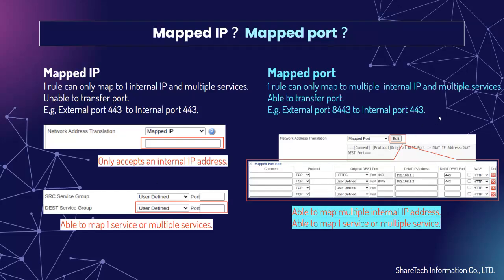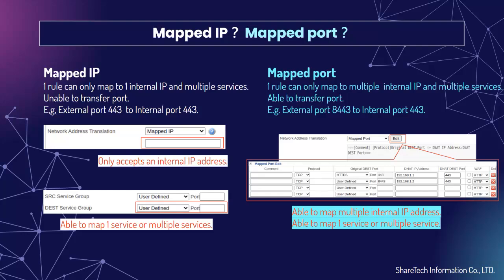And please see mapped port. One rule can accept multiple IP addresses, and it can transfer port. For example, we can transfer external service at 443 port to internal service 443 port.